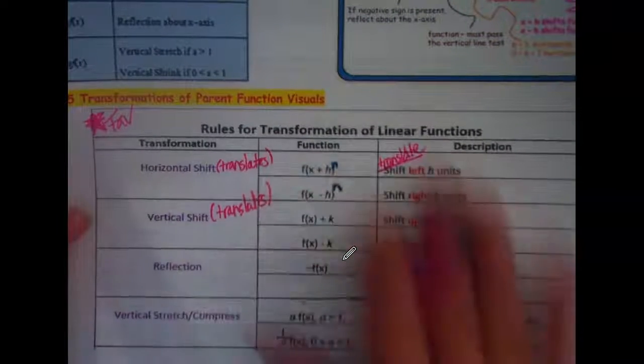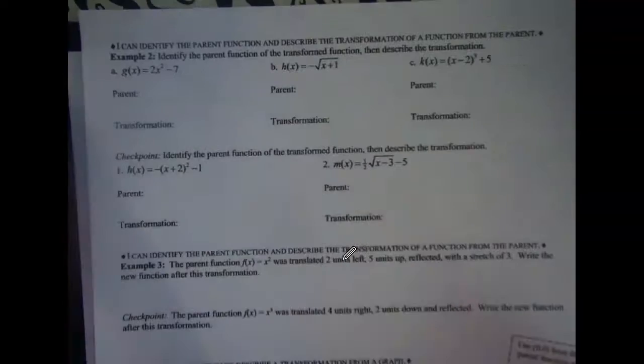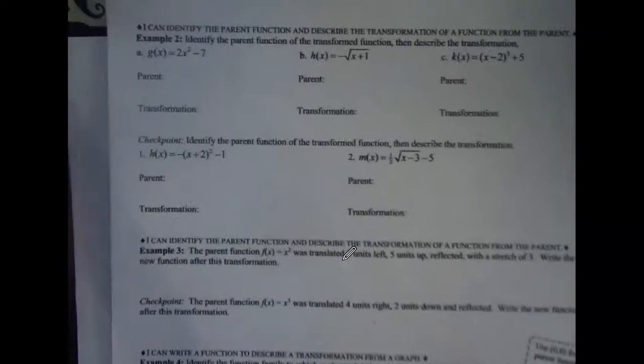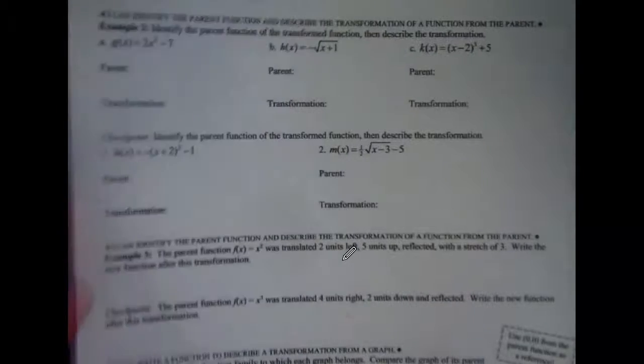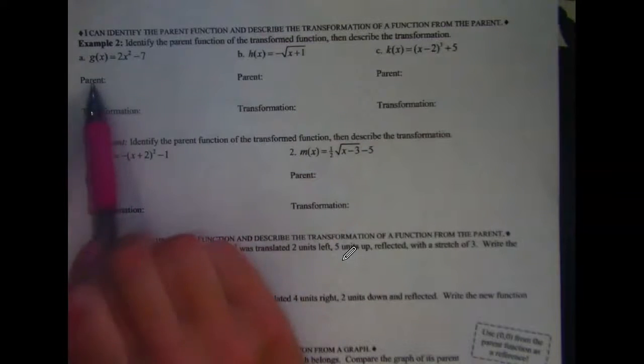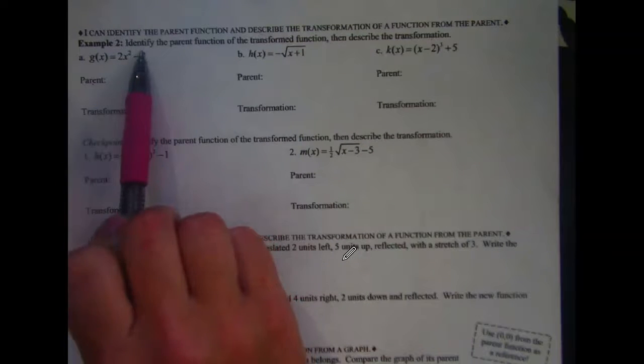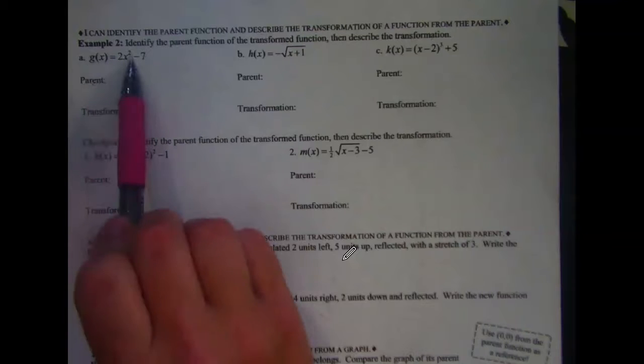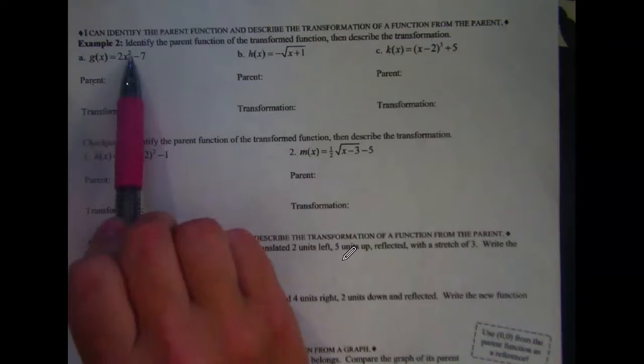All right, so this is the one we're looking at on the side. Make sure you have that out to the side. And then I'm going to show the notes section and then just kind of where I refer to it. So the easy part is we're going to use the front of our note page to identify the parent function. This is just like what we did. So going through right away, I notice on this one, I can write the parent function.